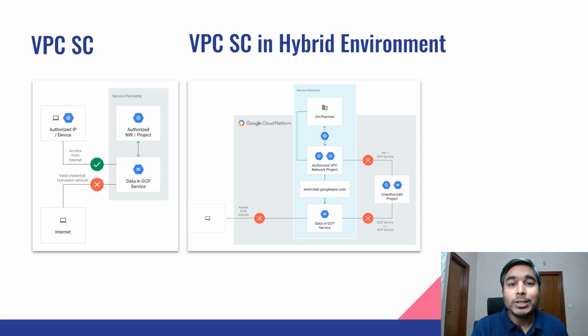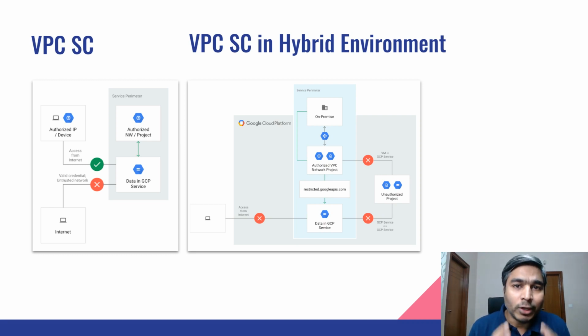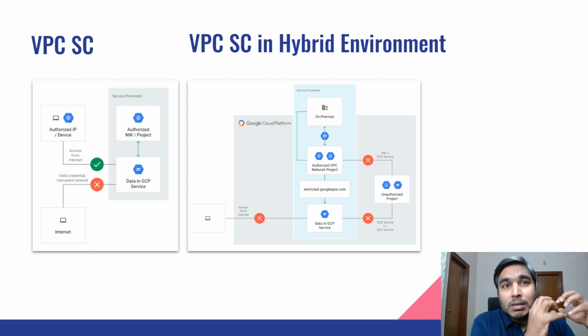Right now, you would like to include the resources which are running in the on-prem data center within the perimeter. Is it possible? Yes, it is possible. The diagram that you see here on the right hand side actually talks about how that is possible. So this is a conceptual view of what VPC Service Controls is and the most important use case that we are trying to address here.